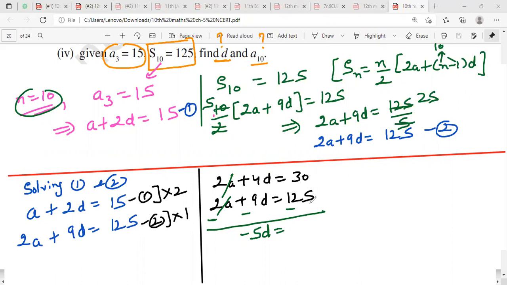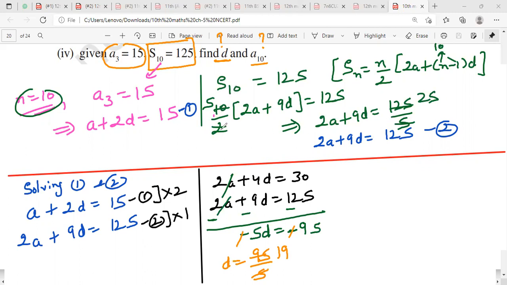Then minus and minus will be cancelled out. D will be equal to what? Is it clear? Right?